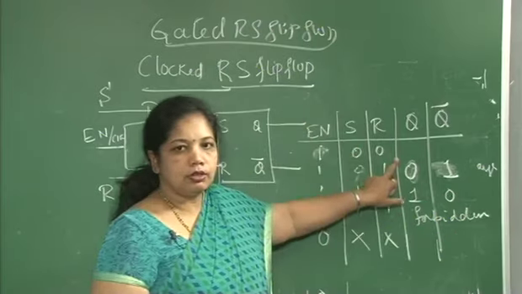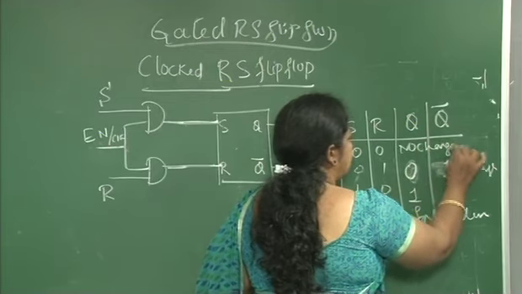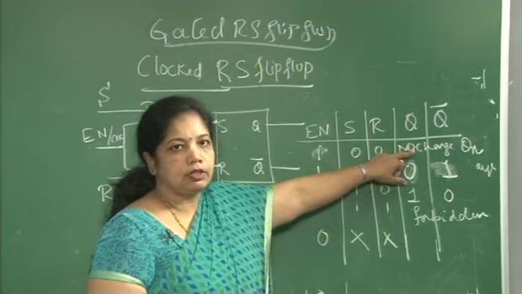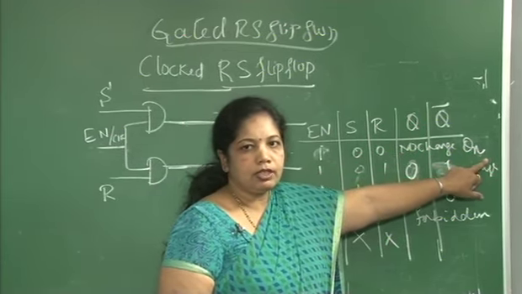When both are 0 0, it is no change. We can represent no change as Qn. N represents the same state, whichever the previous state is, it holds and stays in the same state. So we call it Qn.